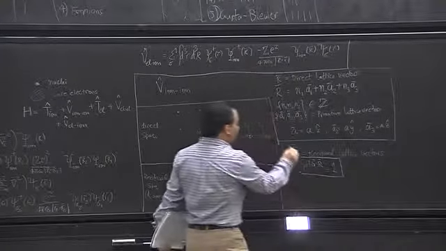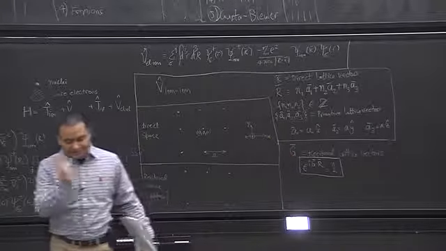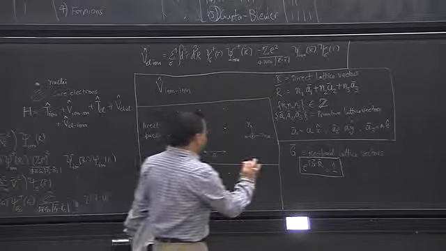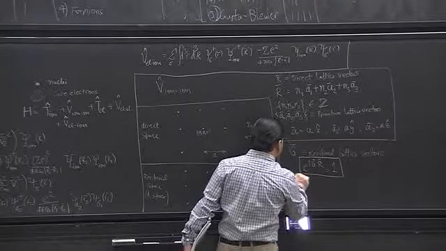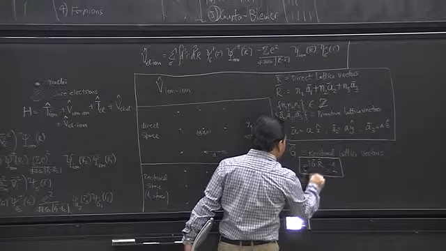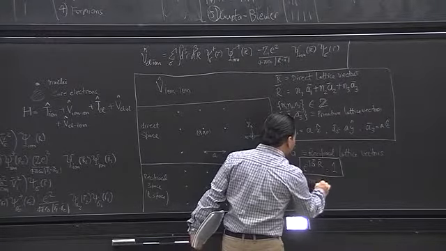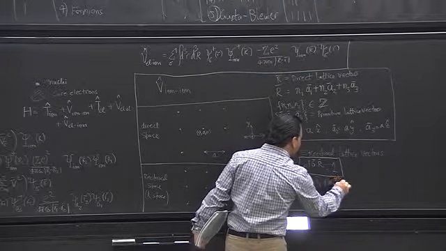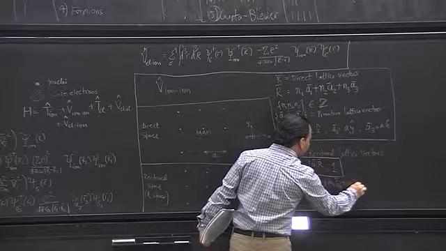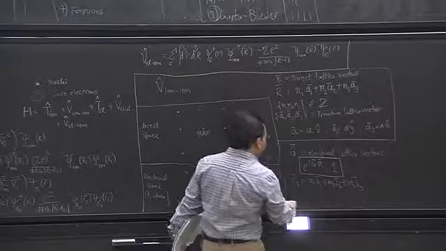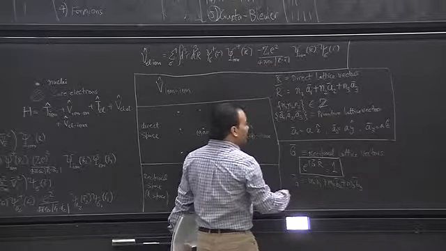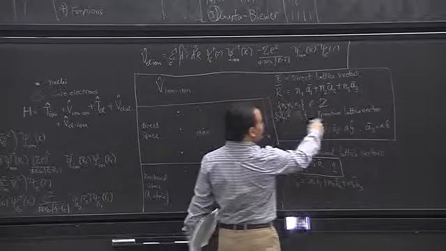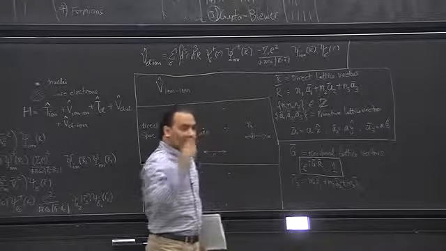Any vector G that satisfies this is a reciprocal lattice vector. Moreover, this reciprocal lattice vector G can be written as m1 b1 plus m2 b2 plus m3 b3, where again m1, m2, m3 are integers, and b1, b2, b3 are, similar to this, primitive reciprocal lattice vectors.